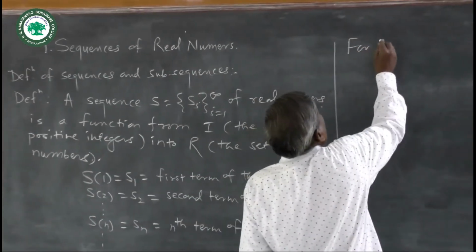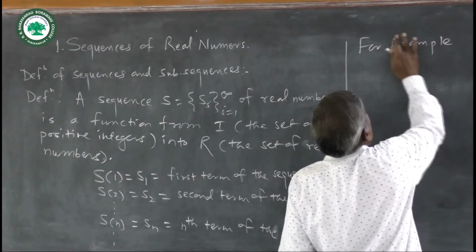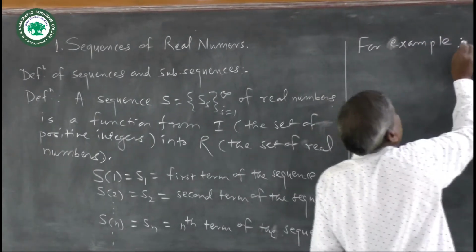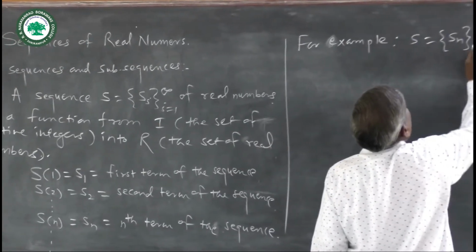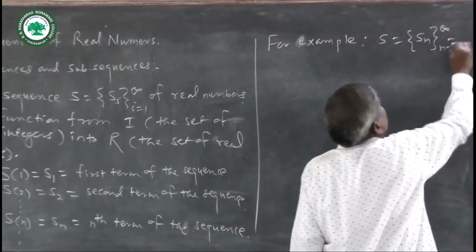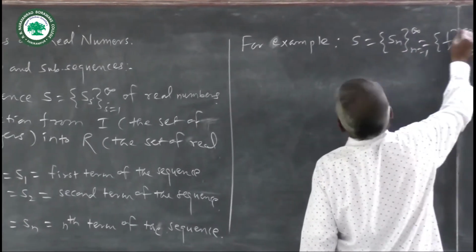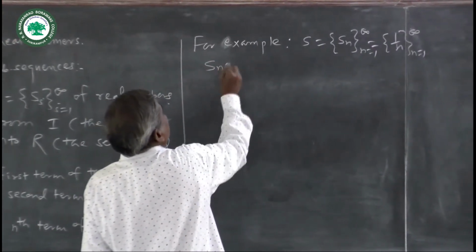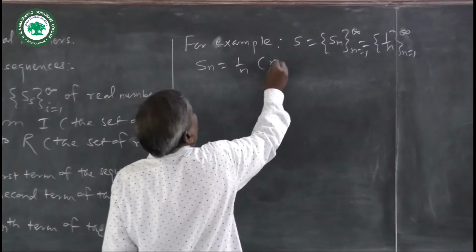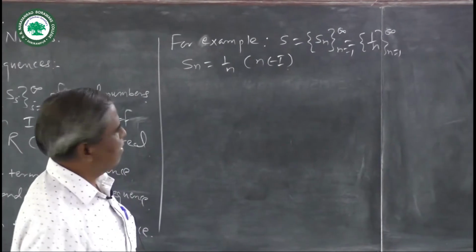For example, S is equal to S suffix n, n is equal to 1 to infinity, is equal to 1 upon n, n is equal to 1 to infinity. This sequence can be written as S suffix n is equal to 1 by n for all n belongs to I, that is set of positive integers.